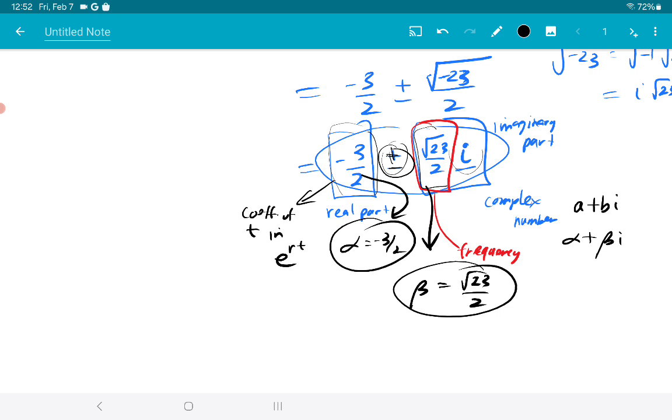We do need the coefficient of i. That'll be the frequency in our sine and cosine curves. And the alpha we need because that'll be part of an exponential. And I'll show you how to write the solution. So here's the solution to the differential equation.